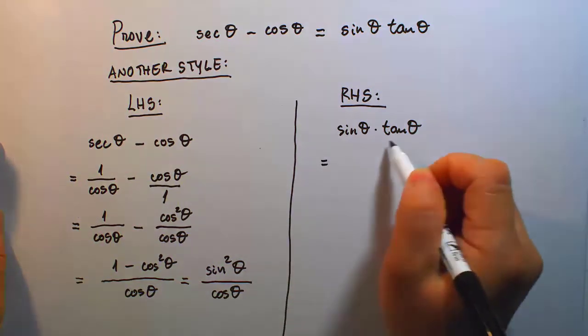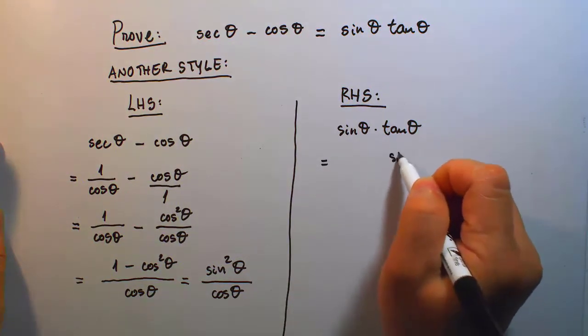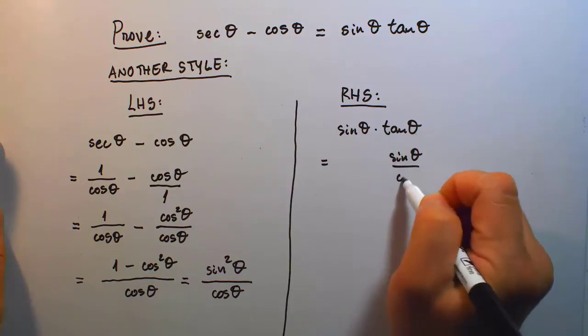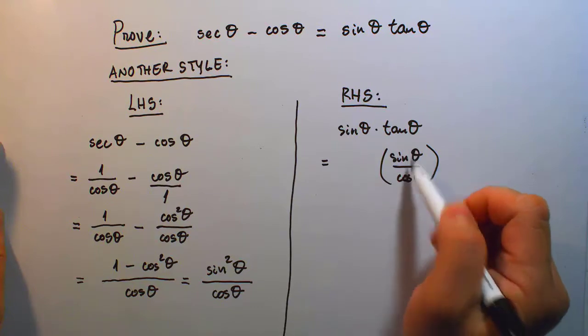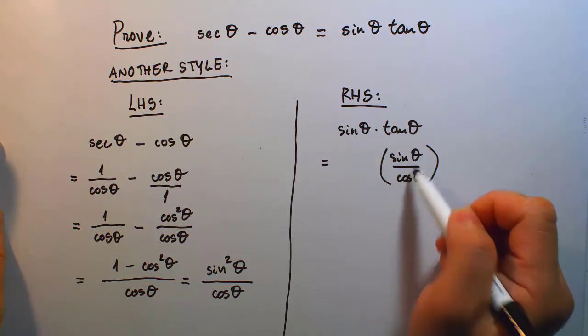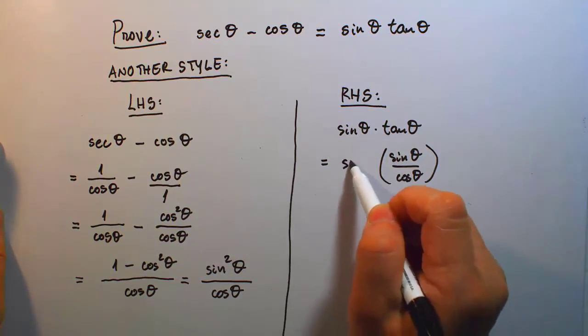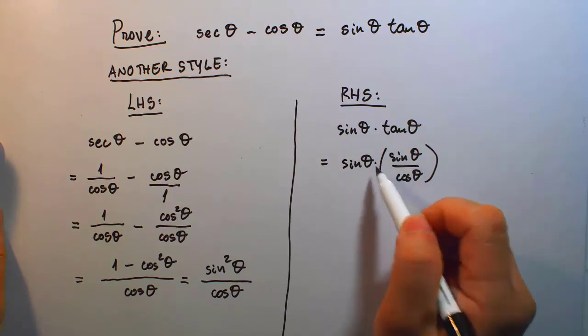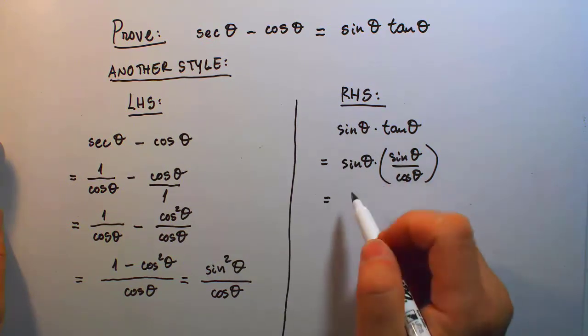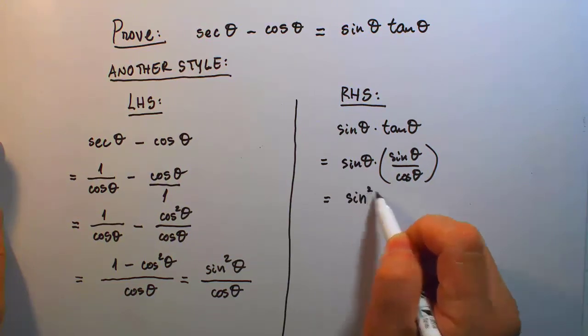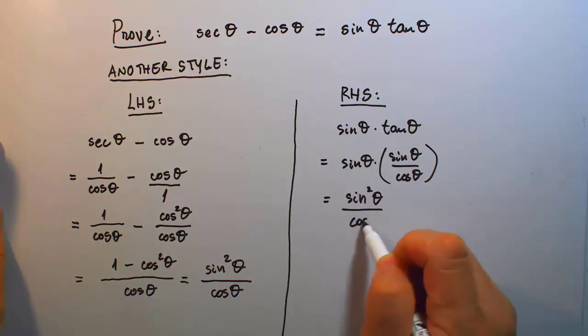Tangent theta is always understood as sine theta over cosine theta. So our starting expression is sine theta over cosine theta multiplied by sine theta. Algebraically, this product becomes sine square theta over cosine theta.